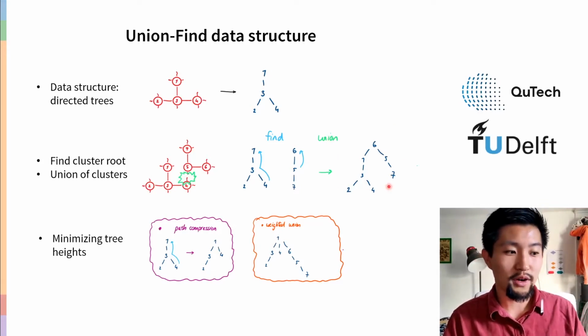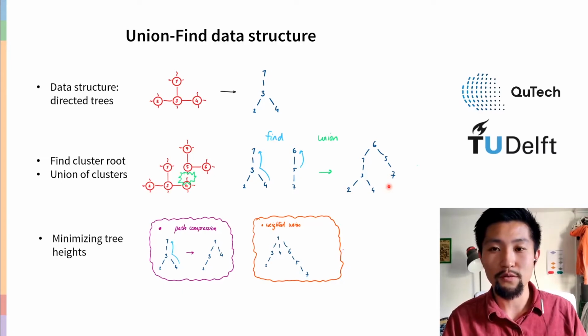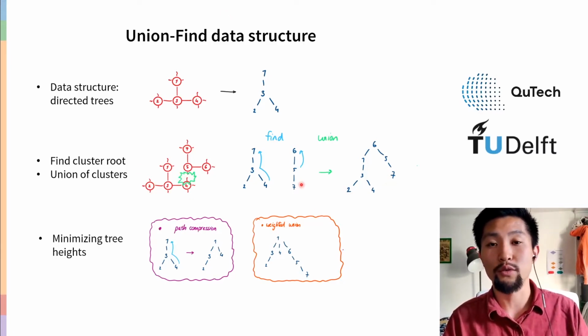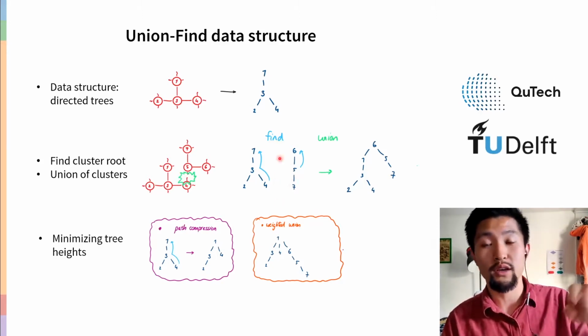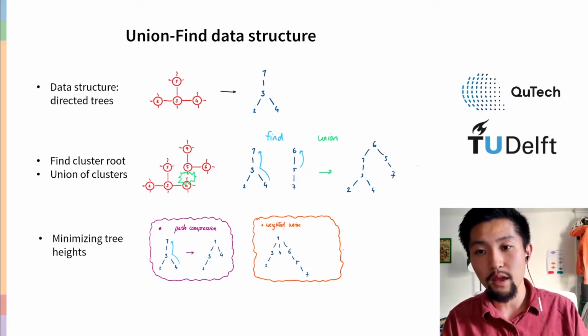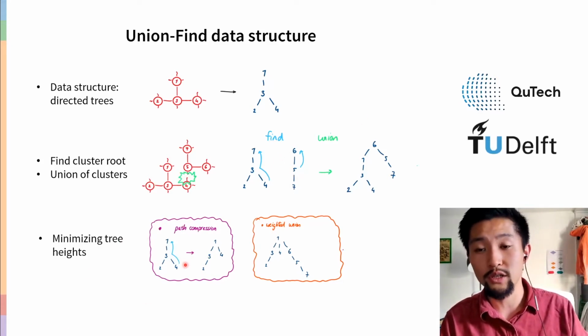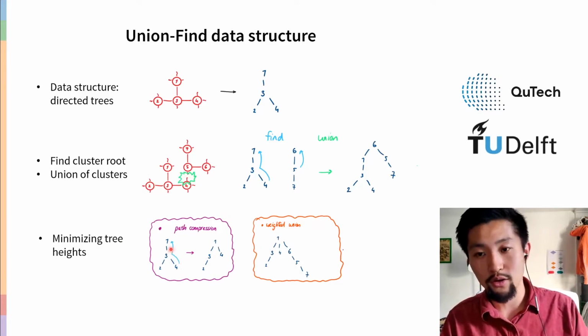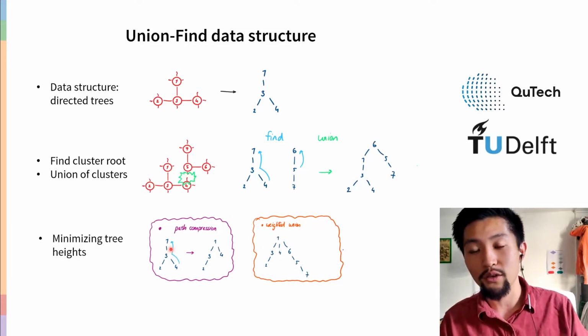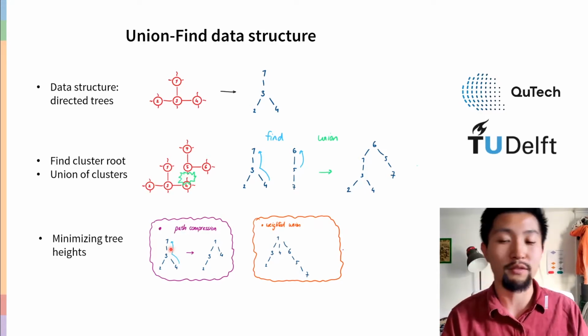Now, within the data structure, there are two rules for minimizing the heights of the trees, because of course the complexity of this algorithm is dominated by the traversal of these parent pointers. The first is called path compression, in which every time you move to a parent vertex in a tree, you point it to the eventual root.